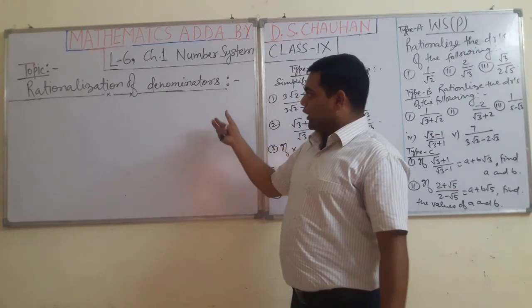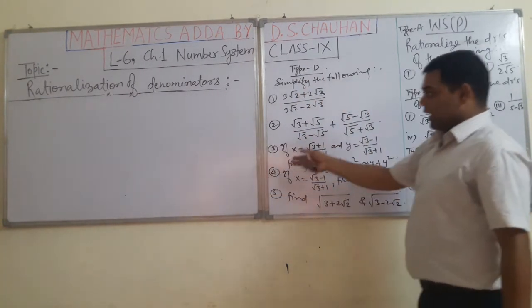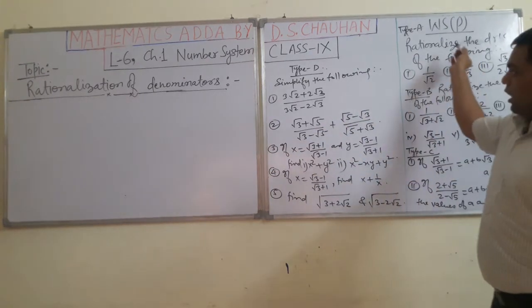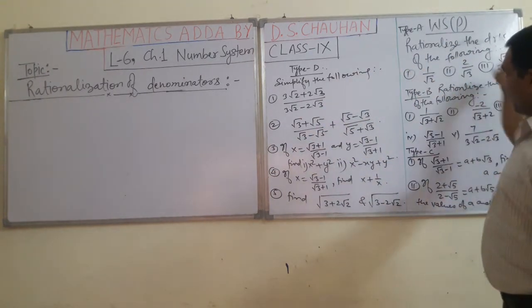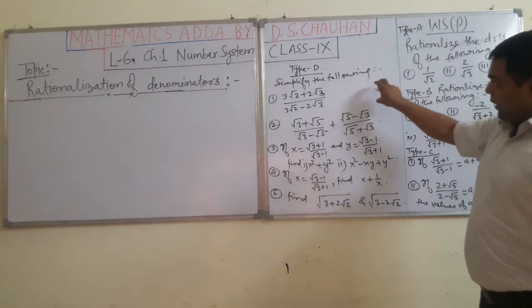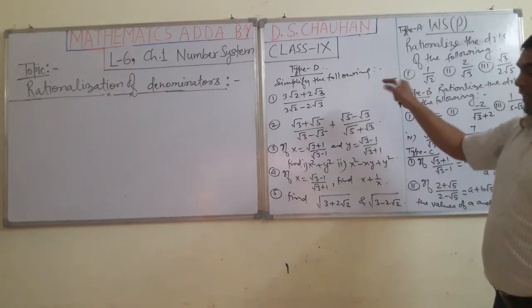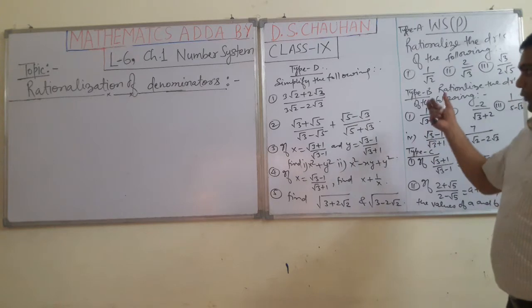Try to understand one by one, and then after I will tell you how to do all these types of questions. A very big and important worksheet is present in front of you.